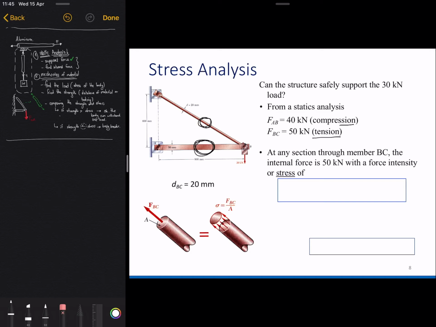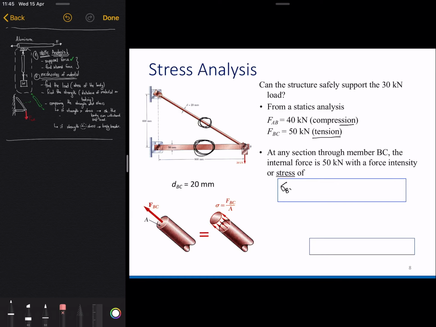At any section through member BC, the internal force is 50 kilonewtons, with an intensity of stress. What does stress mean? Stress means the force in a really small area of the particles. So in this case, we have to find the stress on this rod, and the formula is easy.